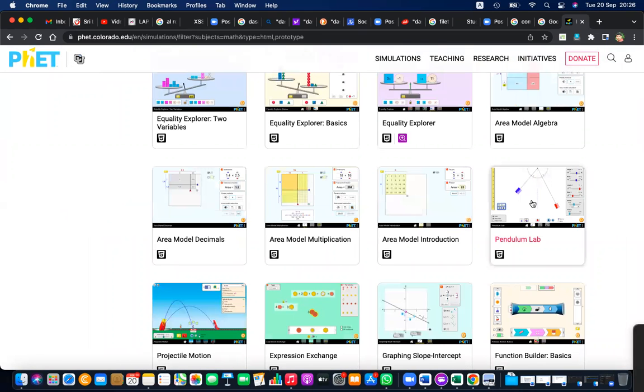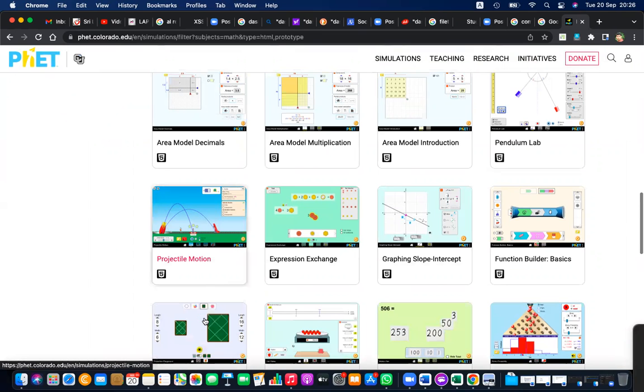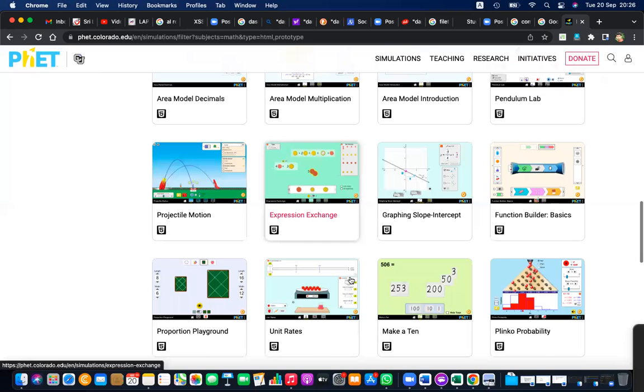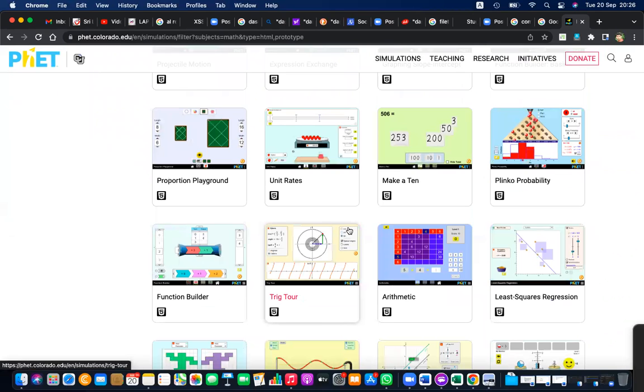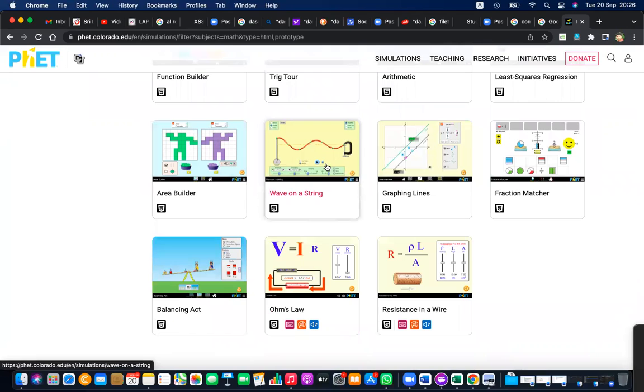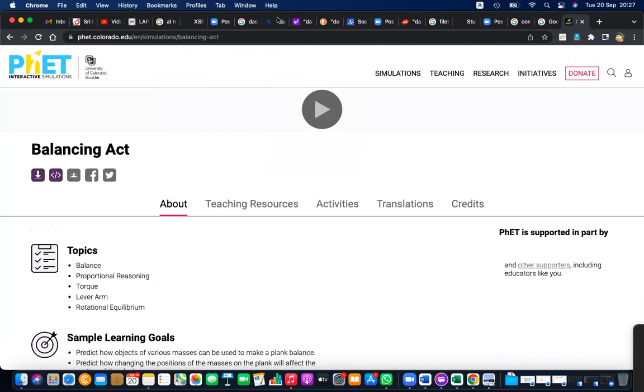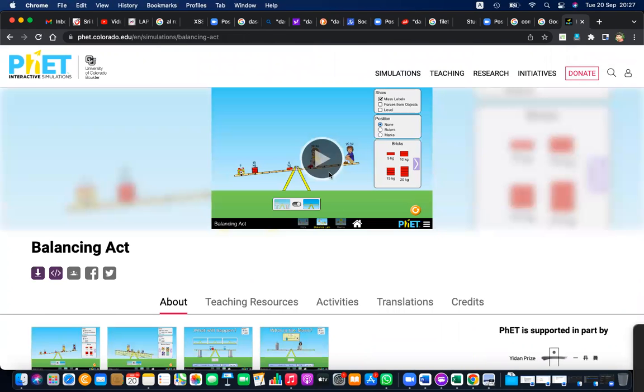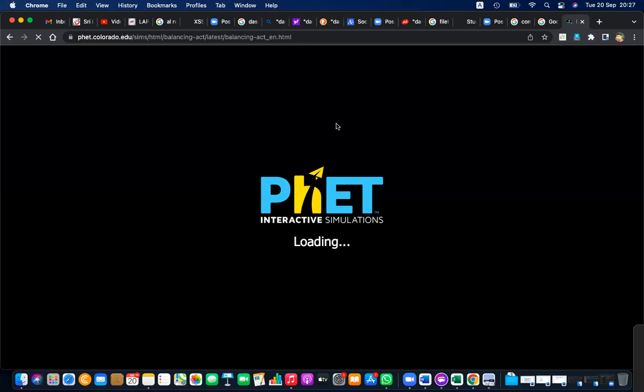About the angle, pendulum, projectile motion, wave on a string, balancing. Let me show that. So this is where ICT is used in education.